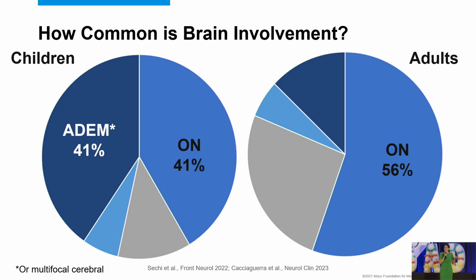One presentation you might have read about is ADEM, which stands for acute disseminated encephalomyelitis. This can be a presentation of MOGAD in 41% of kids, but also in adults. I mean, 1 out of 2 can have ADEM as well.